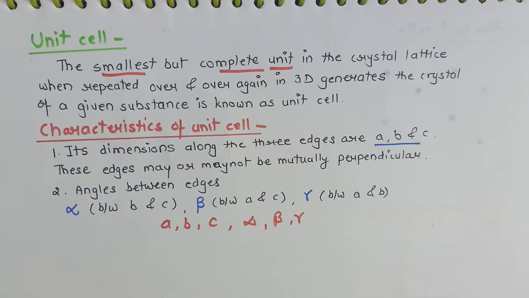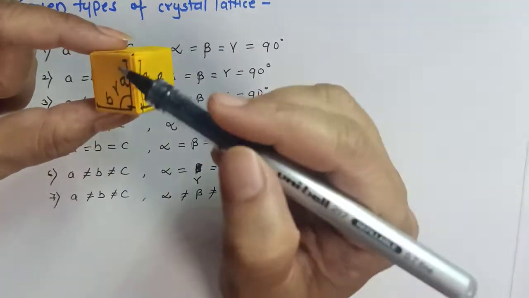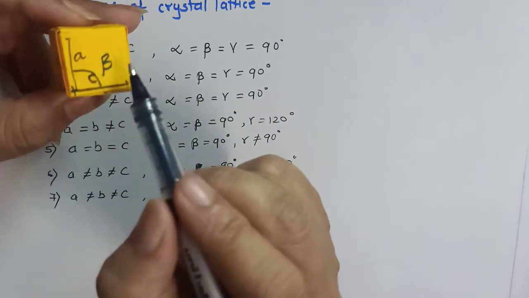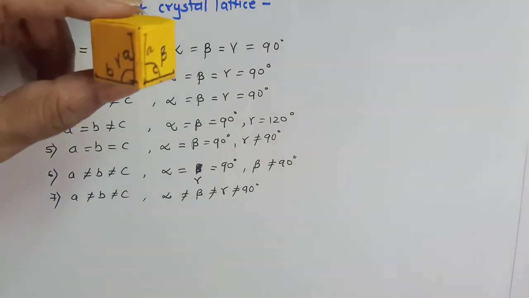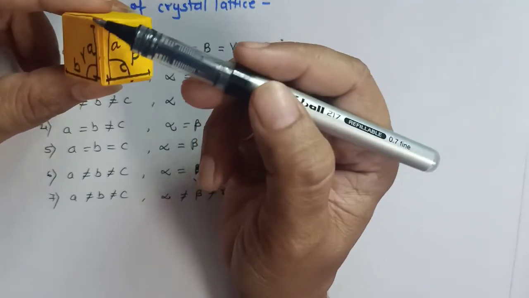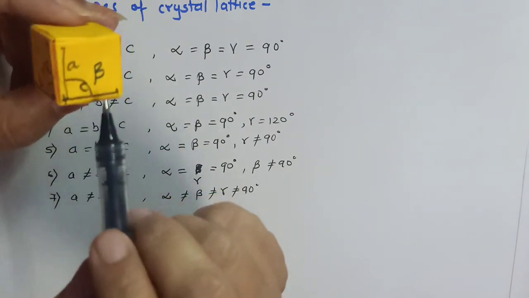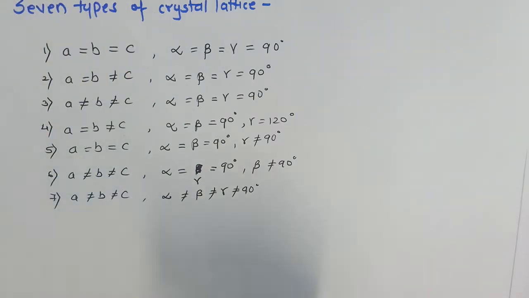Now based on these 6 parameters, we have 7 types of crystal lattice. Based on A, B and C and the angles between them, alpha, beta and gamma, we have these 7 types of crystal lattices. But remember, it is not necessary that A, B and C are equal to each other, or that alpha, beta and gamma are mutually perpendicular, and that's why we get different types of crystal lattice.